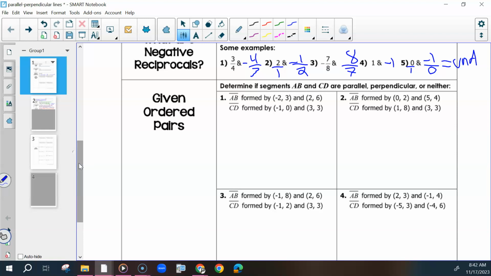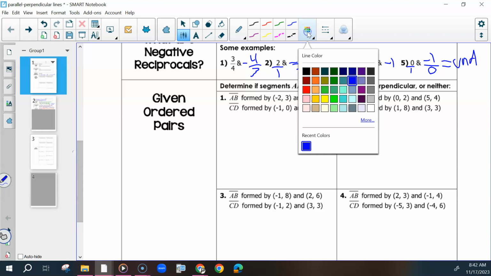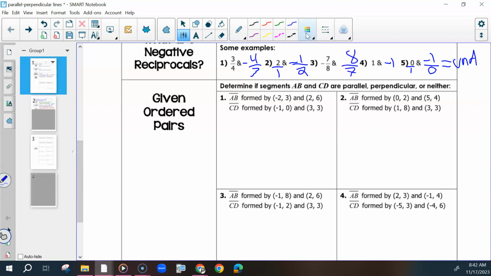For this, we are given 2 sets of points. In order to determine are they parallel, perpendicular, or neither, we have to find the slope of both sets of points and then look at the slopes. So, as a reminder, I'm going to put the slope formula off to the side. y2 minus y1 over x2 minus x1.